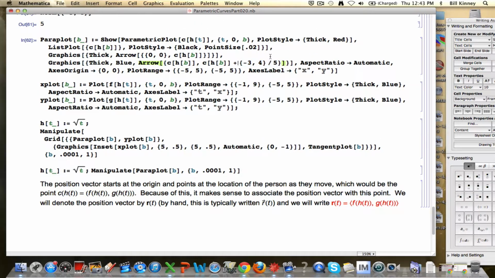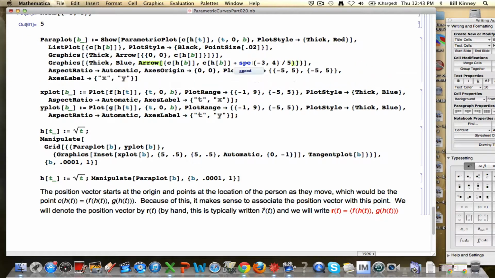If I scale it back up, so to speak, or down if the speed is small, by multiplying it by the speed of b, that is going to rescale it to give it a changing length. And in fact, because this vector has unit length, the overall length of this whole vector is going to be the speed of b.